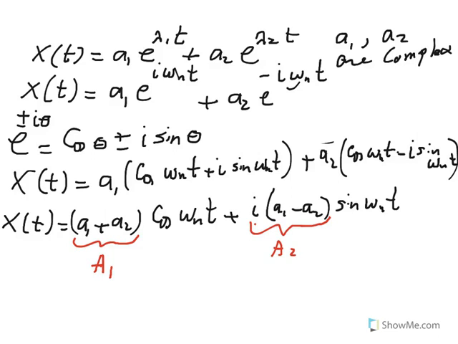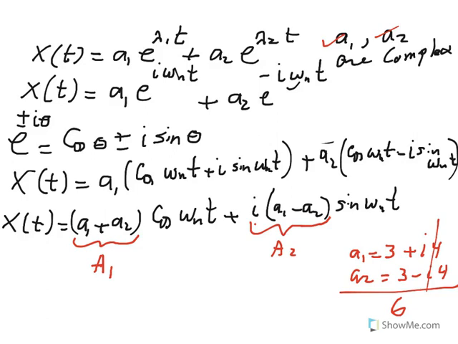You could easily prove this by doing the following. Just pick two arbitrary complex conjugate roots. Remember we said a1 and a2 are complex conjugates. So for example, if a1 is say 3 plus i4 and a2 is 3 minus i4, if you add a1 to a2, just to show you quickly, these get cancelled and we get 6. 6 is that constant.